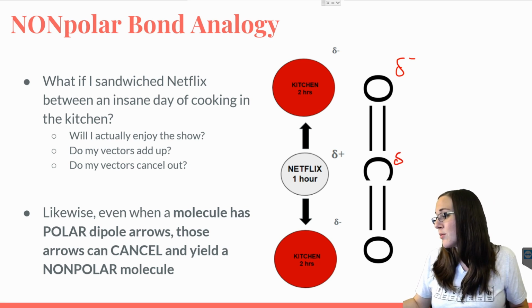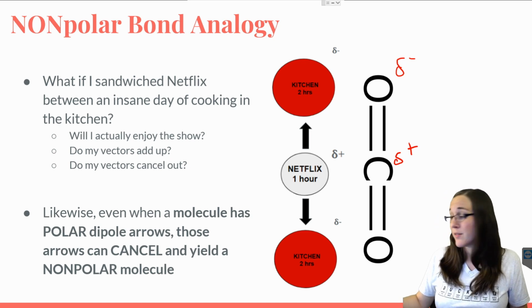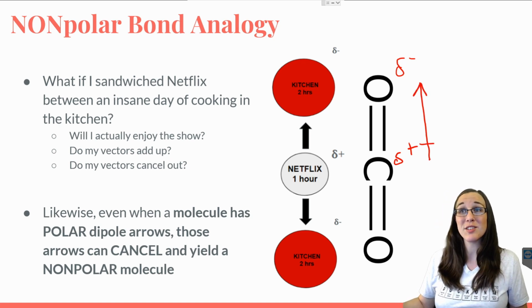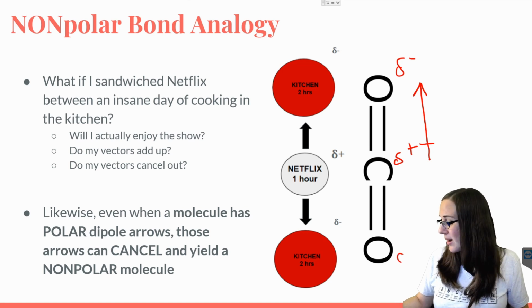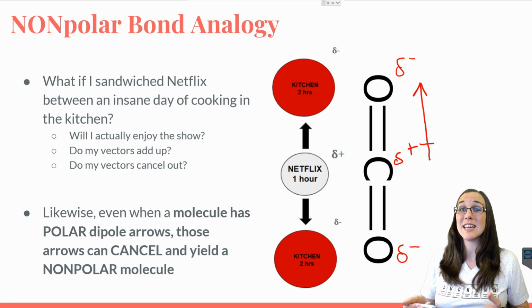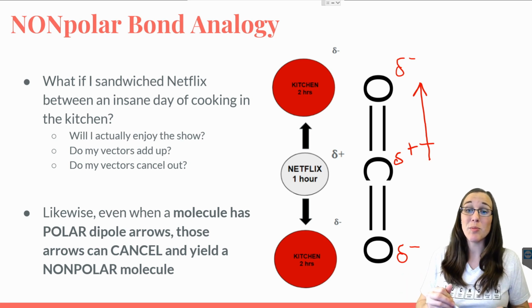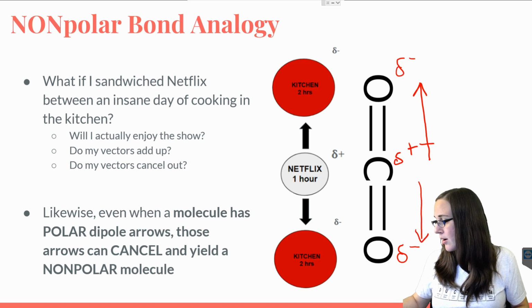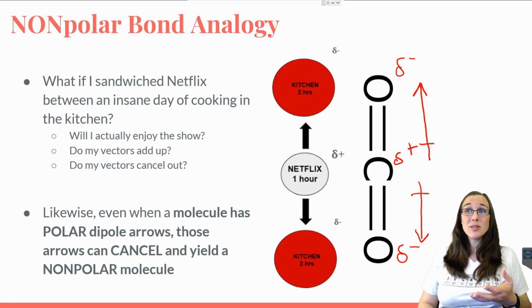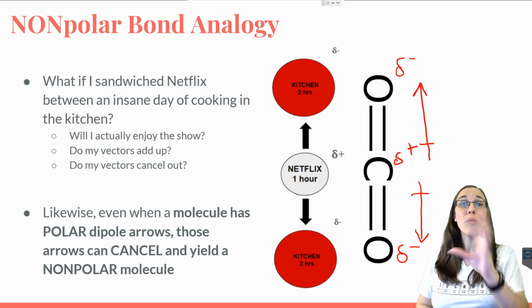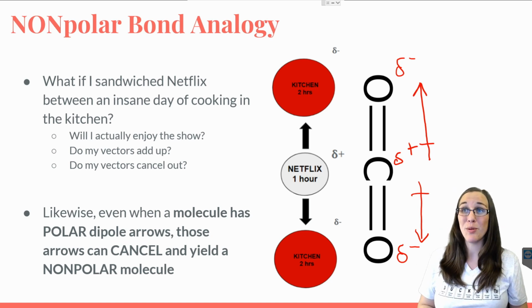And carbon would then be slightly positive. We're going to draw our dipole arrow towards where the electrons want to be. Likewise, we have another bond down here between carbon and oxygen. Oxygen is more negative than carbon because it's more electronegative, so we're going to draw a dipole arrow that way. Those two dipole arrows cancel. We have polar bonds within CO2, but overall the molecule is nonpolar.